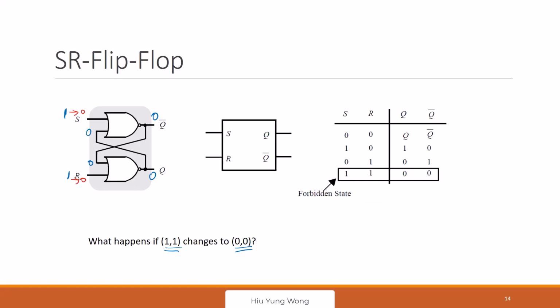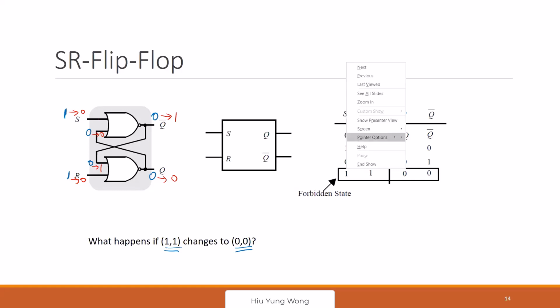0, 0 is valid. You just say that I don't want to do anything to my system. I want to keep it. But what will happen? If this becomes 0, 0, it's a NOR gate, right? Then this one becomes 1. If this one becomes 1, then this becomes 1. And if this is 1 and this is 0, this is 0, right? And then this goes back to 0. So it looks okay, right?